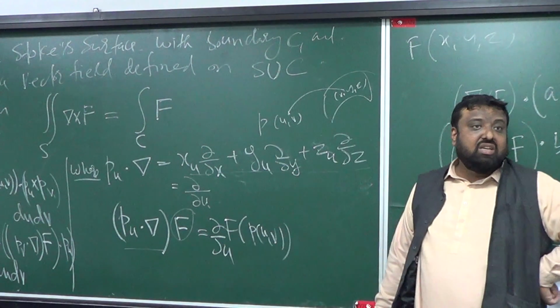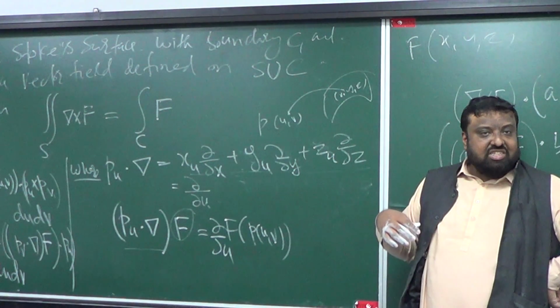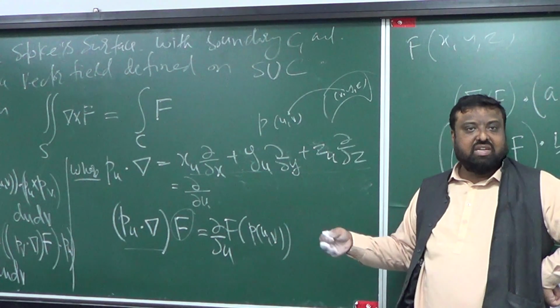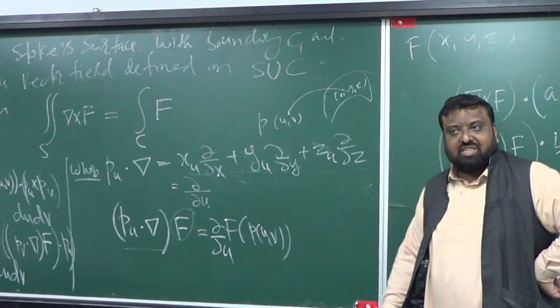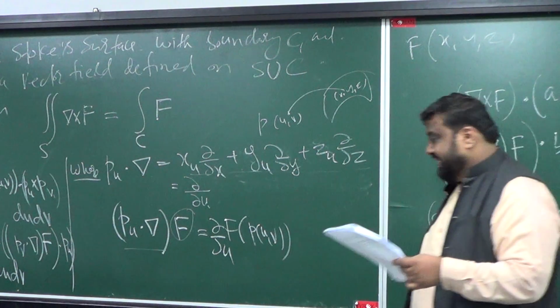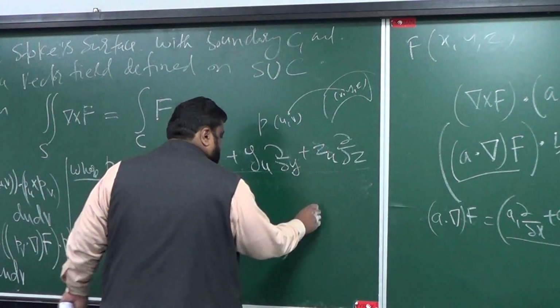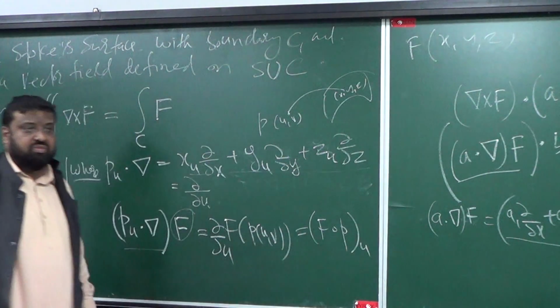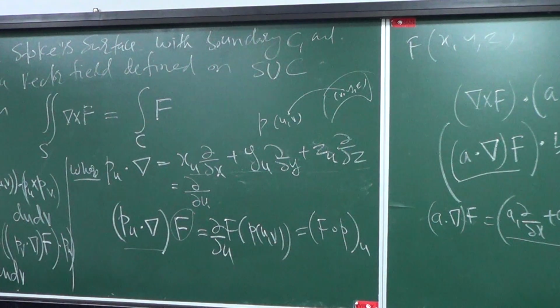But that something does not directly depend on u and v, it depends on, for example, the functions x, y, z. And I can also write this as f composition p and its derivative with respect to u. That's what it means. Okay?